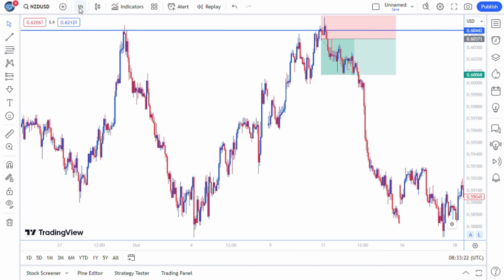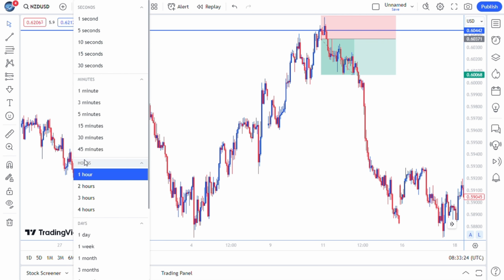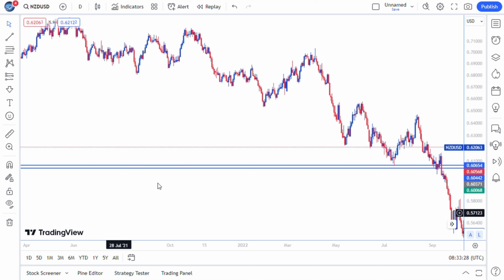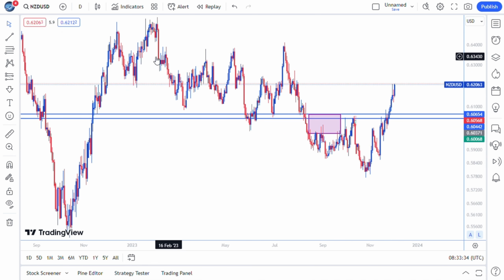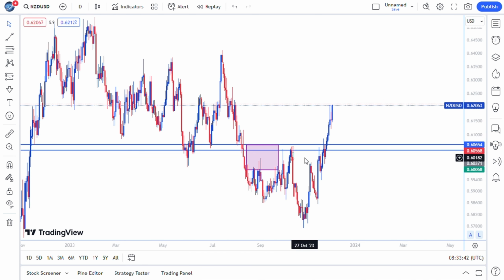To get a good target level, you should always observe the higher time frames. The first possible target level should be here. Mark it out.